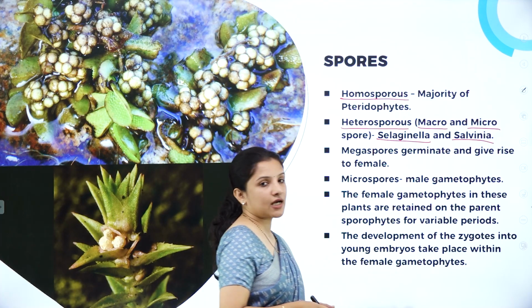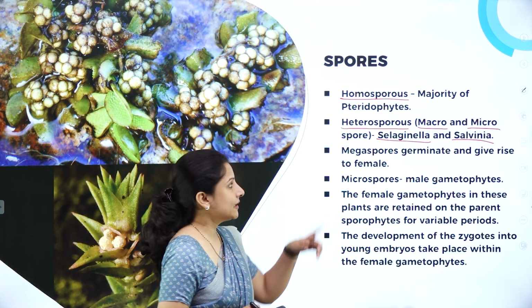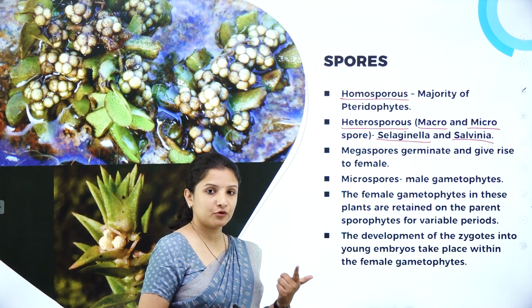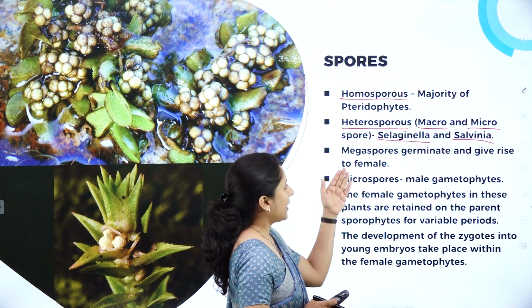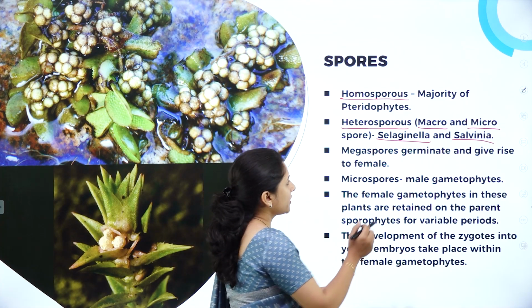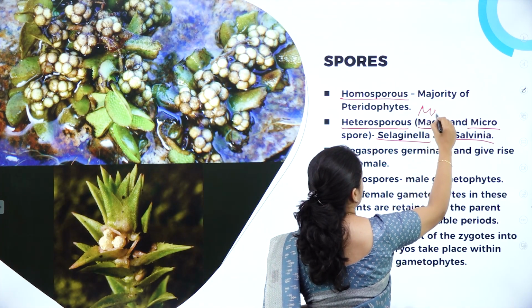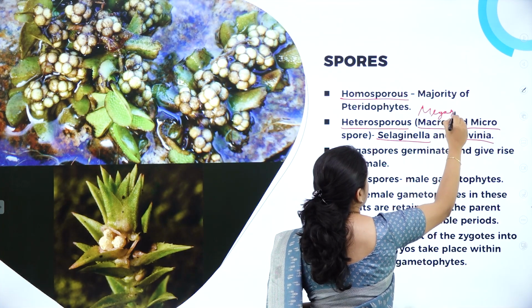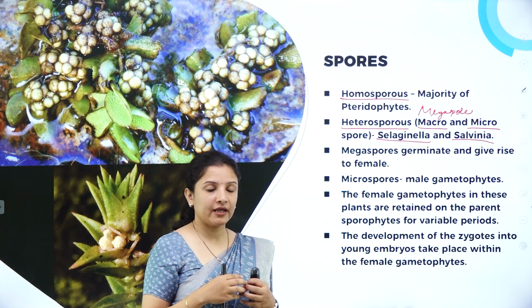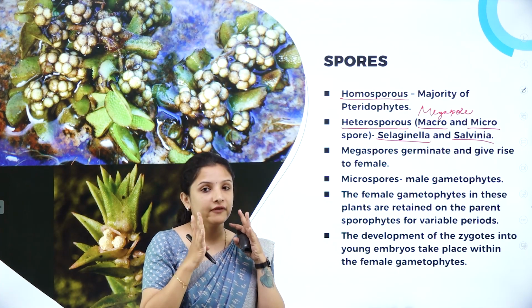So Selaginella and Salvinia are two forms of pteridophytes that are capable of producing heterospores, that is, either macrospores or microspores. And don't get confused, macrospore is also called megaspore. So always remember, in the case of plants, the female is always larger.